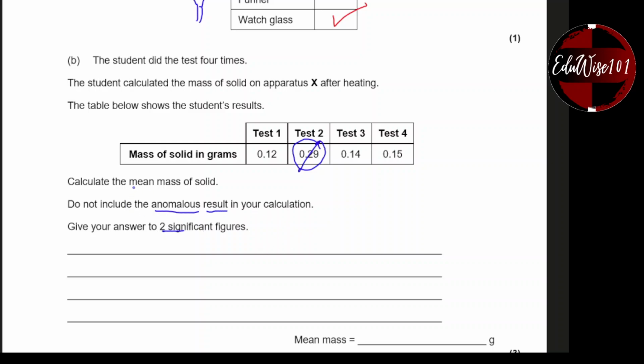So how do you calculate the mean? You add these 3 values up and then divide by 3.